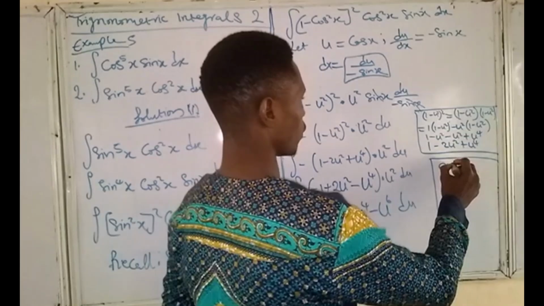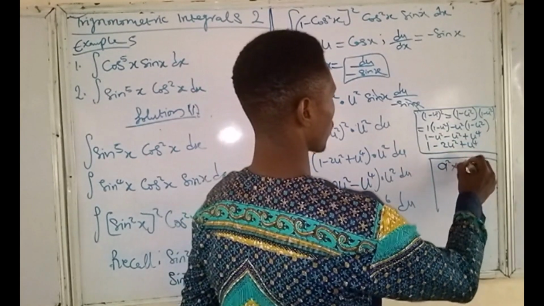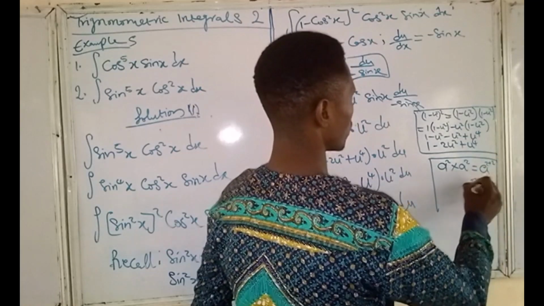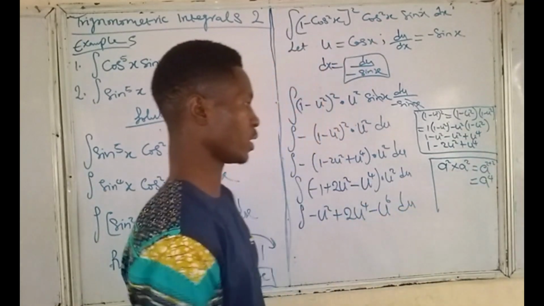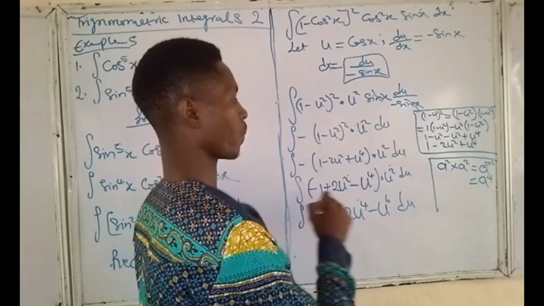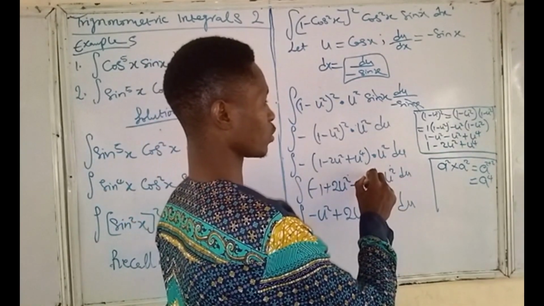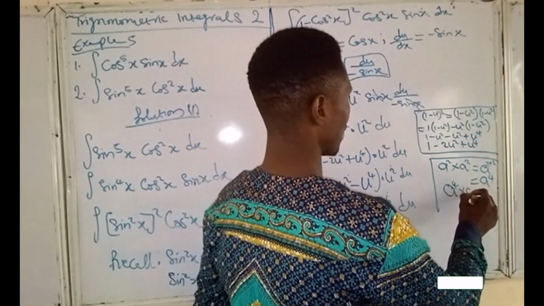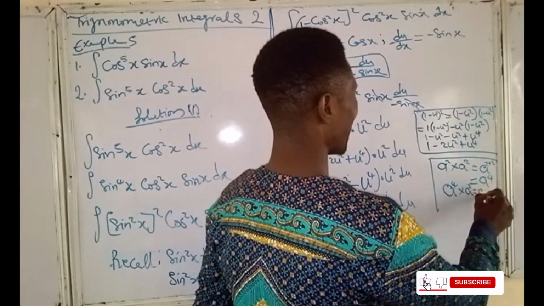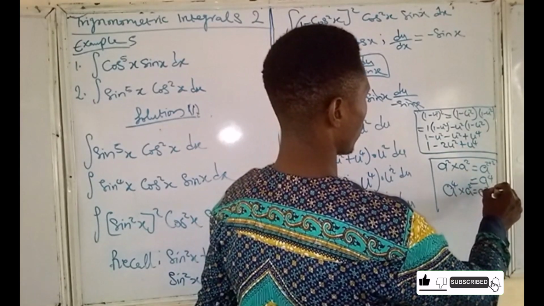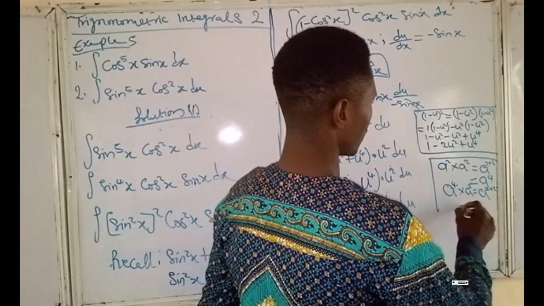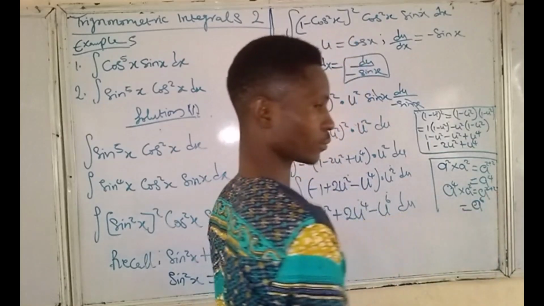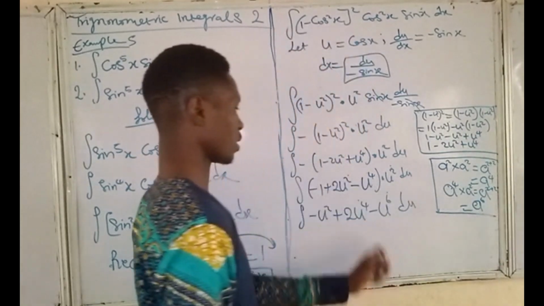In indices, if you have a² times a², this is going to give us a raised to the power of 2 plus 2, which is equal to a raised to the power of 4. So that's how this with this give 4. Therefore, that of 6 is the same. This is a raised to the power of 4 times a raised to the power of 2 equals a raised to the power of 4 plus 2. So this is equal to a raised to the power of what? 6. So that's how we got here.